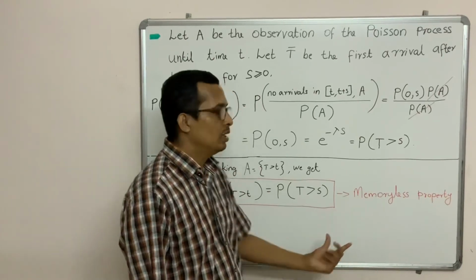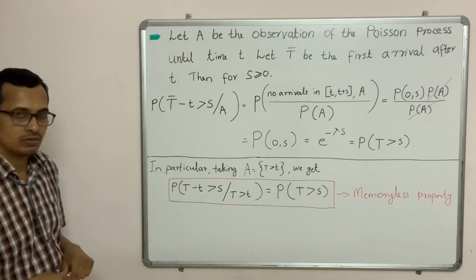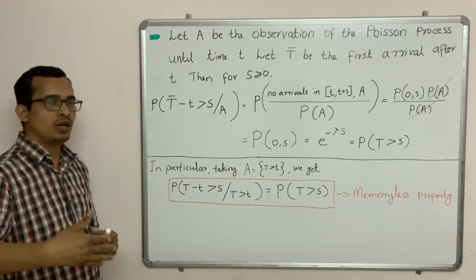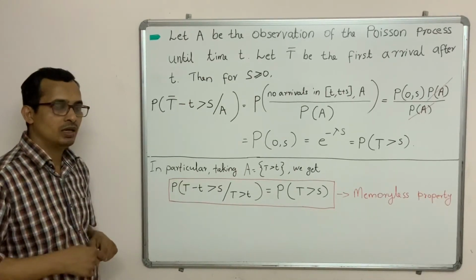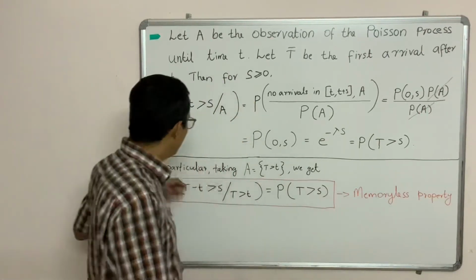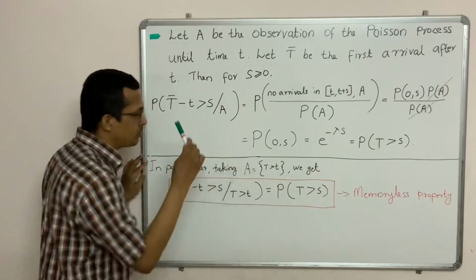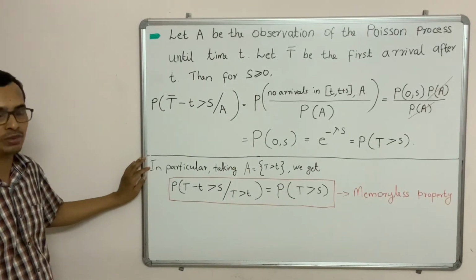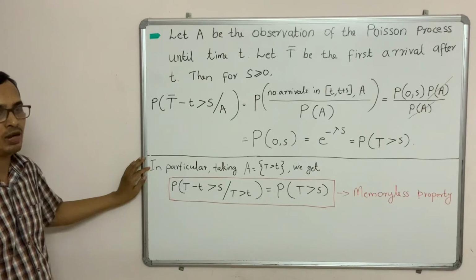Remember, capital T is the first arrival time, starting from 0. So the distribution of capital T and the distribution of t bar minus t given your observation up to time t are both the same exponential distribution with the same parameter lambda.